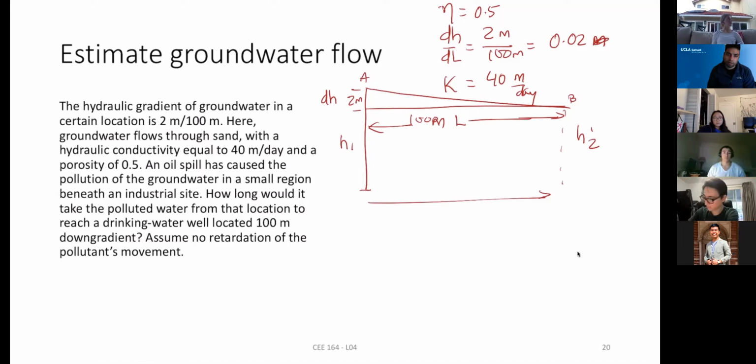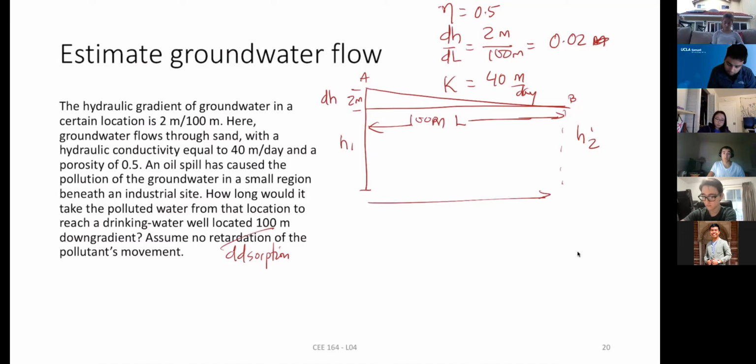Assume no retardation of the pollutant, meaning no adsorption. So all it is saying is how quickly the pollutant moves. The pollutant doesn't degrade and doesn't retard because of adsorption. That means the only way the pollutants will move is because of how fast the water moves.